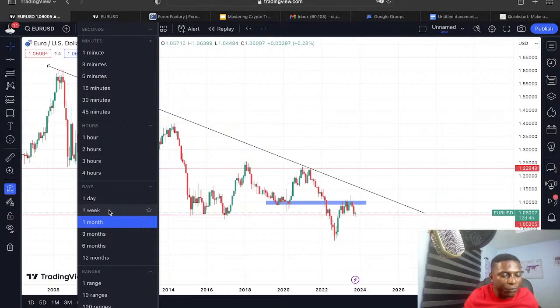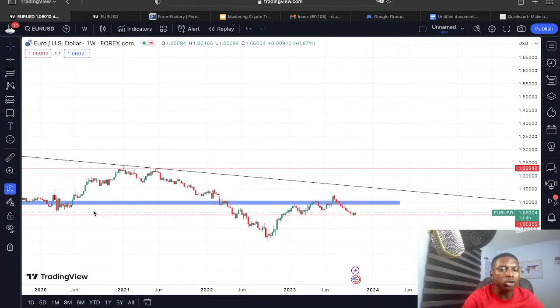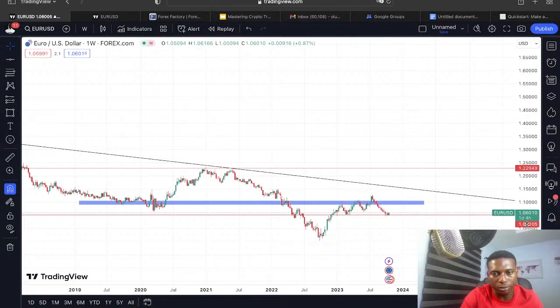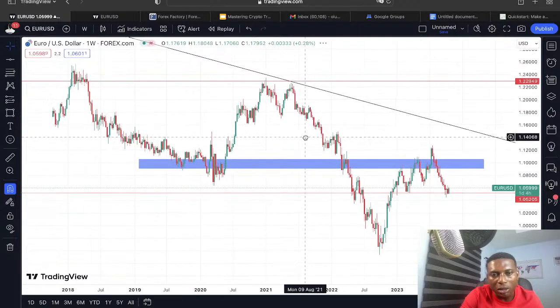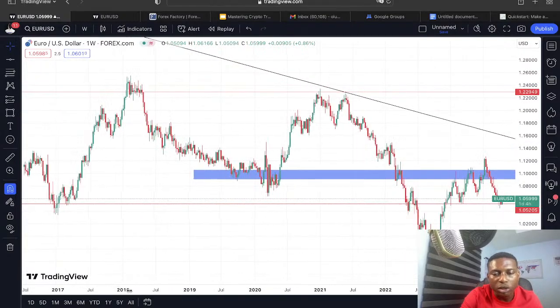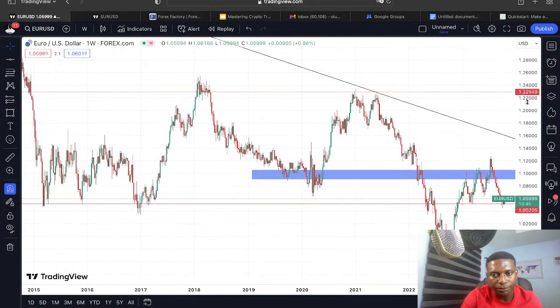The lower time frame gives us a clearer view as to what is currently happening in recent times. So we go to the weekly time frame, and it gives us another picture that we might need to consider.